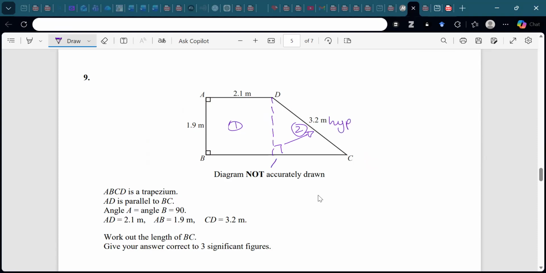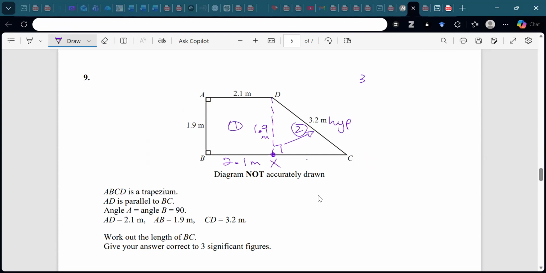Now, if we call this point of intersection here X, it means that from B to X is going to be parallel to A to D. So that means this length is going to be 2.1 meters. Our need, therefore, is to identify what is the length of this side, because this is already 1.9 because it is parallel to this side, and the opposite sides in a rectangle are parallel and equal.